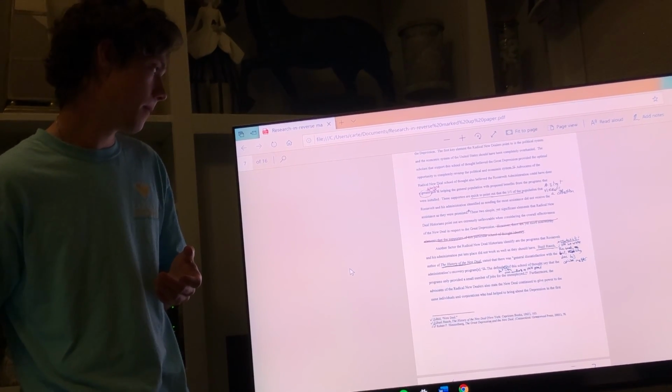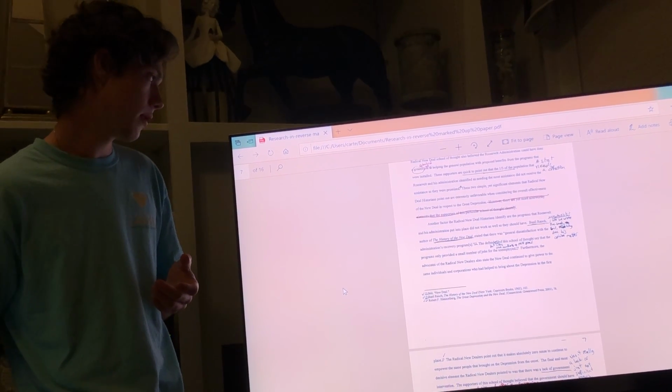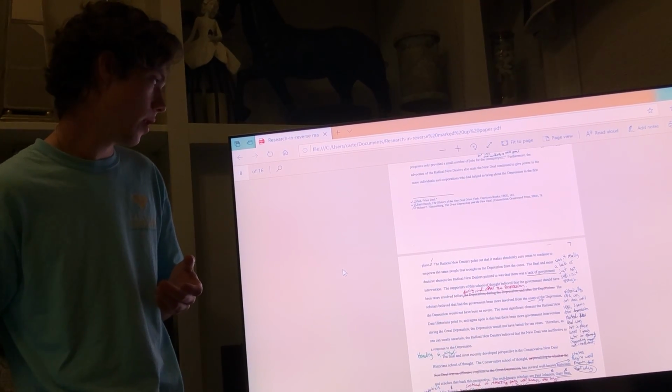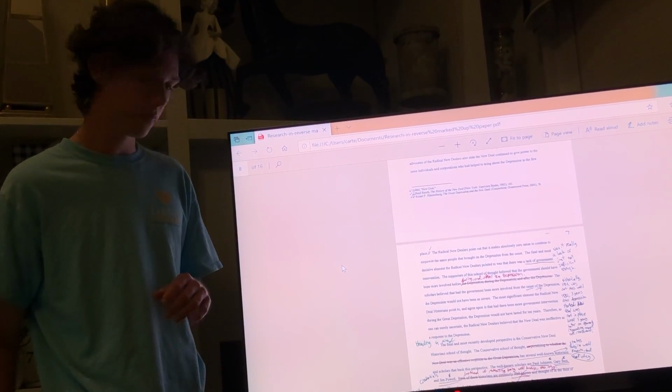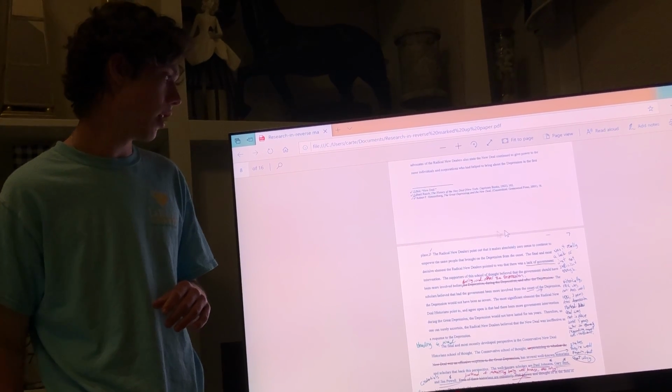The general defenders of the school on the programs should be right here. So, yes, here. The radical New Deal historians, he uses the words from the onset of the Depression.